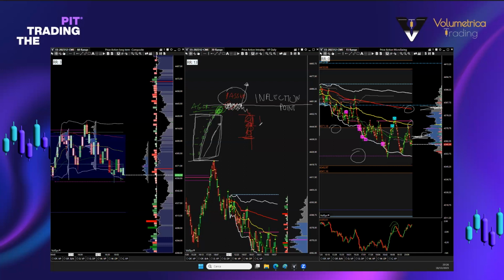Only from here on we can say, if we want to categorize absorption even better, okay, buyers have been absorbed. Therefore, on the inflection point I was watching, the order flow event of absorption has actually validated my analysis on that inflection point.